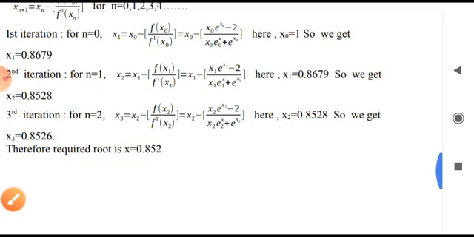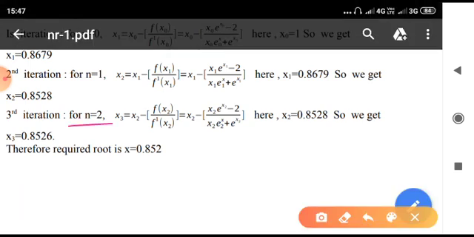Now the third iteration, which is obtained by substituting n equal to 2 in the formula, becomes x3 equal to x2 minus f of x2 divided by f dash of x2, which is equal to x2 minus (x2 e power x2 minus 2) divided by (x2 e power x2 plus e power x2).